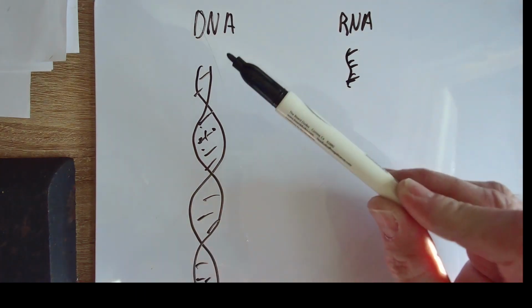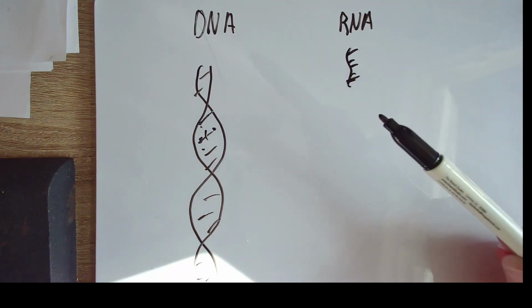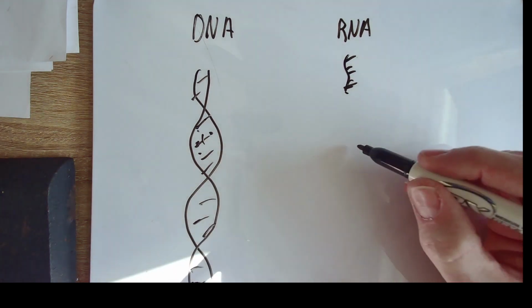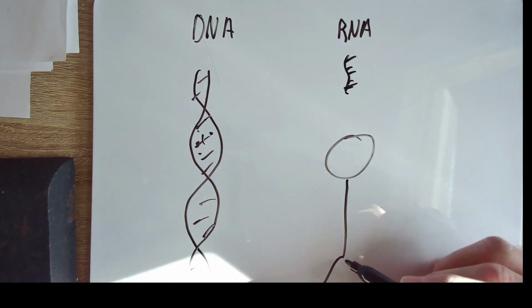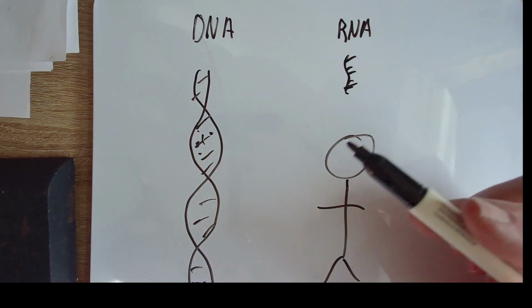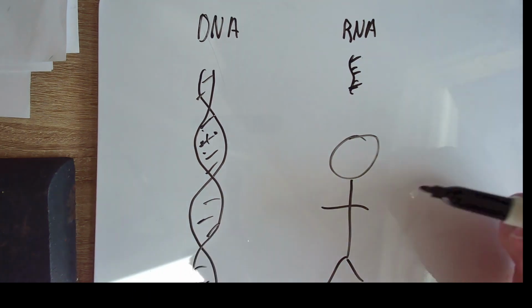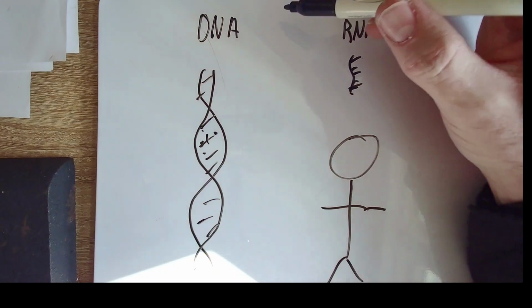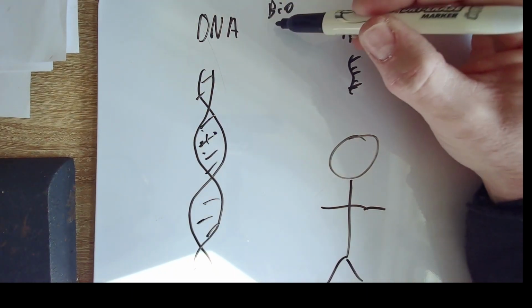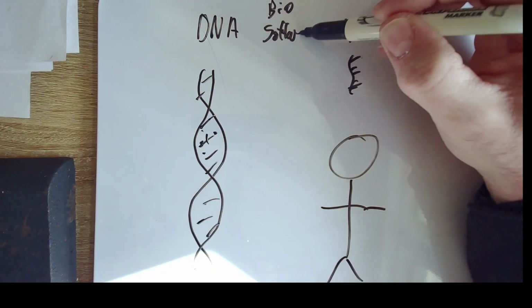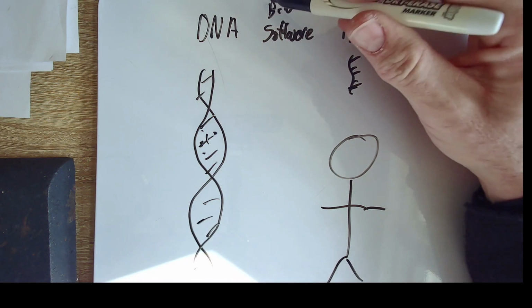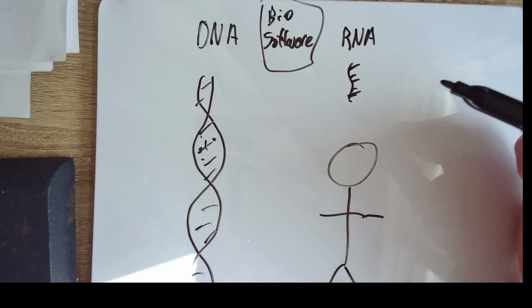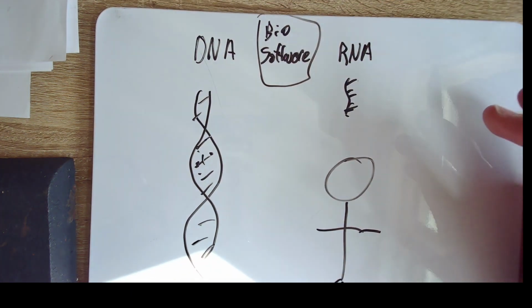So now what does DNA do versus RNA? Well, you have to have a biological system first, right? Otherwise, this is just nothing. So basically this is biosoftware. Really, it's biosoftware. That's really what DNA and RNA is.